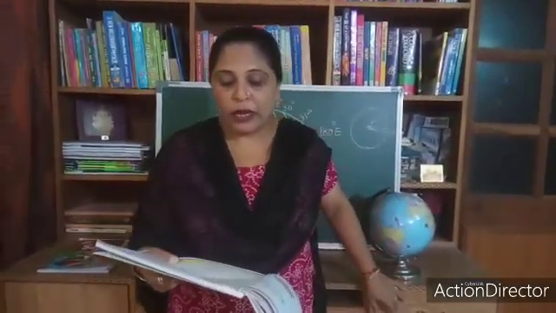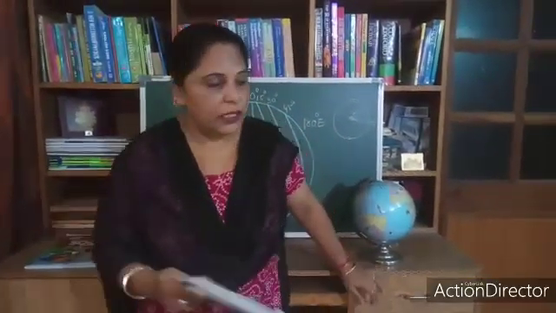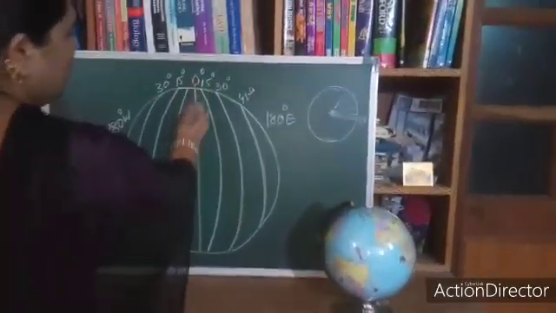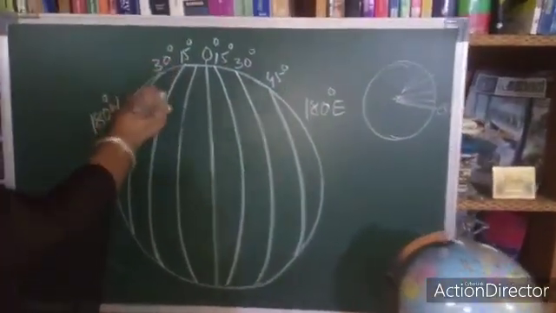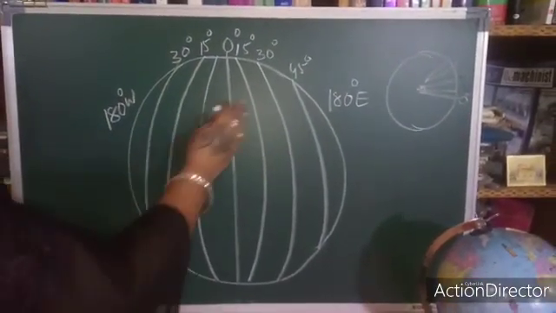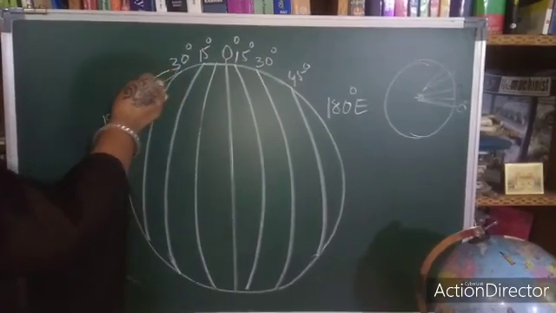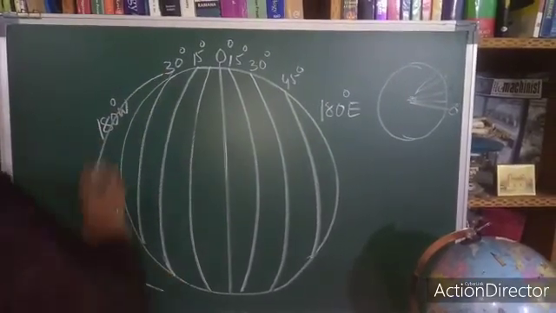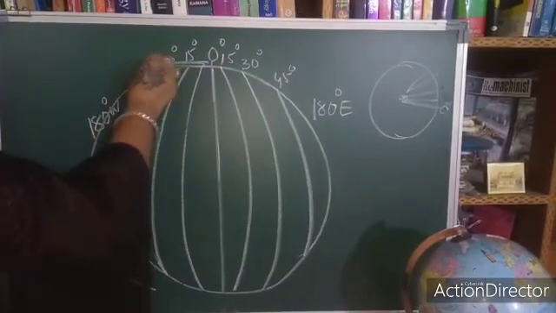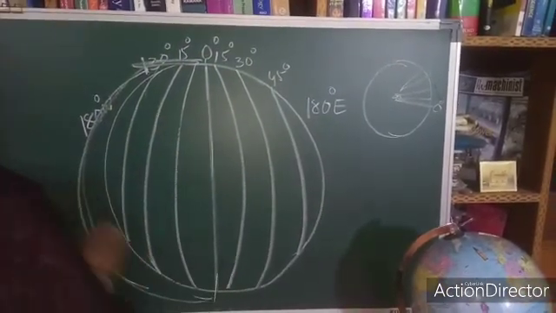The part of the earth between 0 degree and 180 degree west is called the western hemisphere. The part from 0 degree to here 30, 35, because all the meridians cannot be drawn on the board, is known as the western hemisphere.